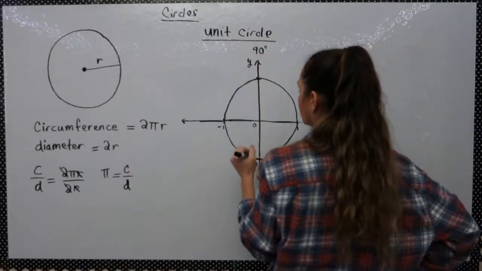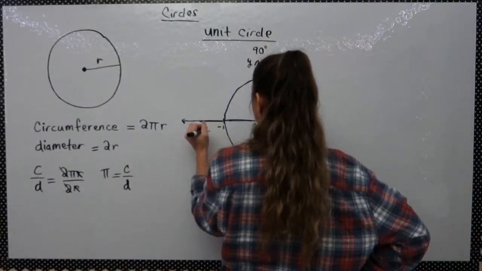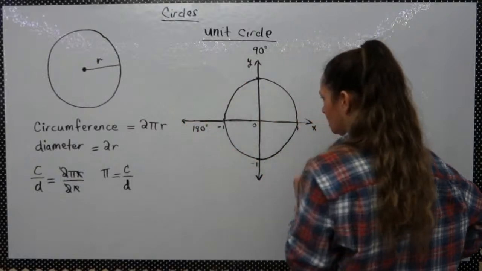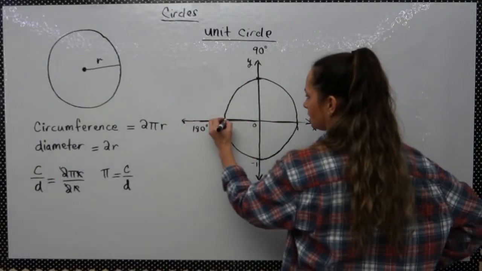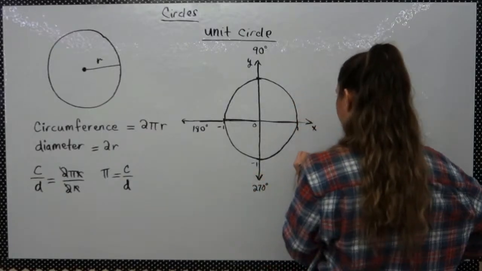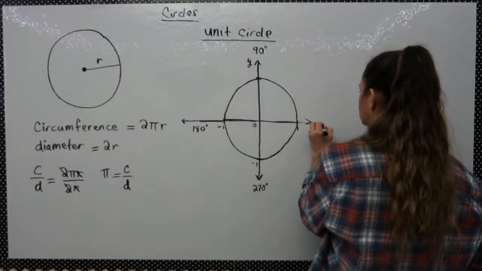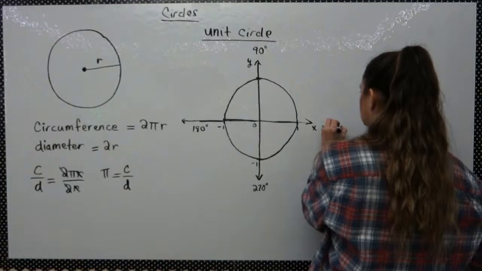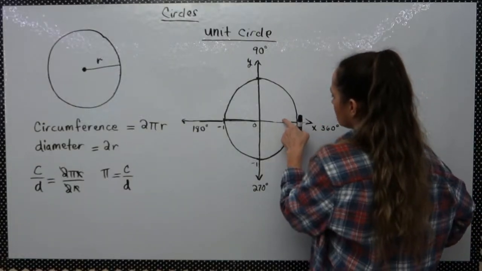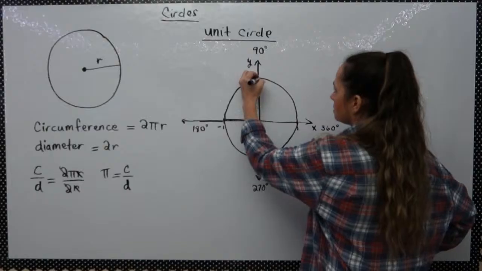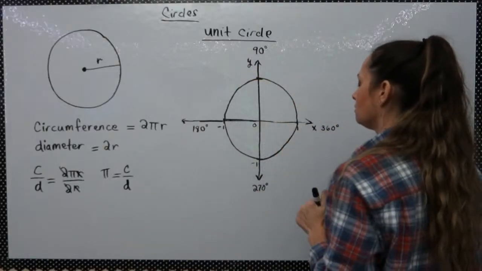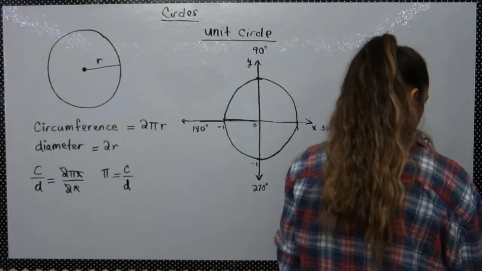And then, because the right angle is 90 degrees, and then we have 180 here. And then adding 90 more, that's going to give me 270. And then we'll have 360. And radians. So we'll talk about radians.